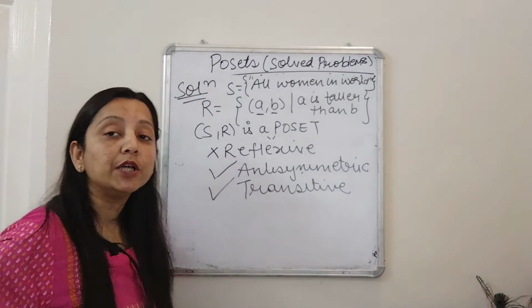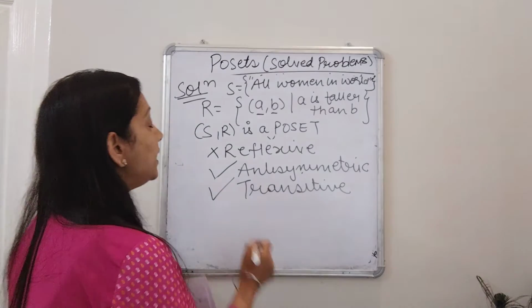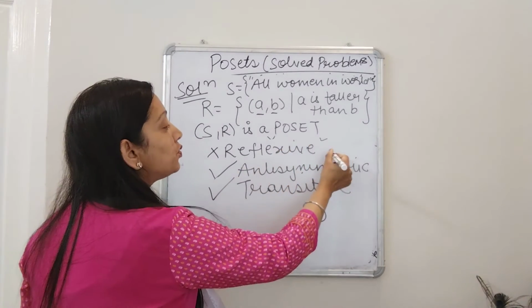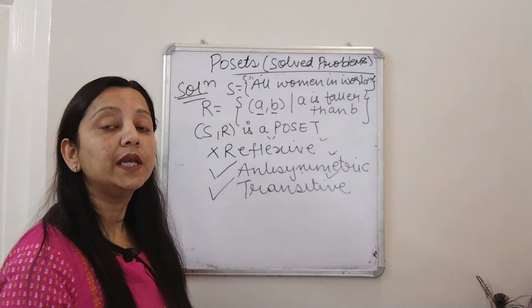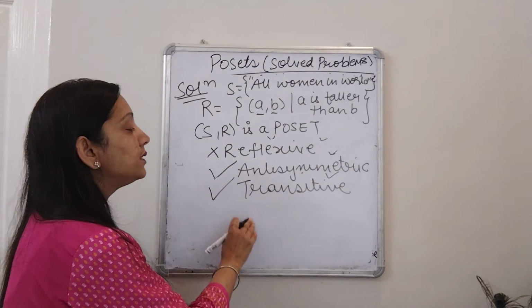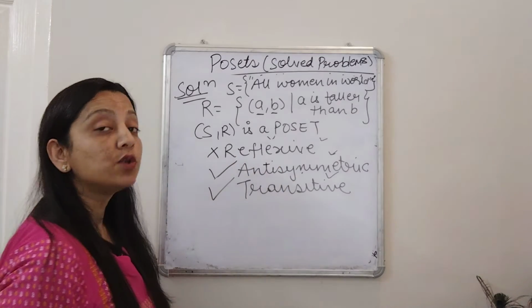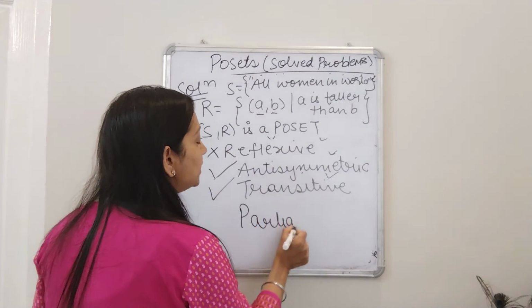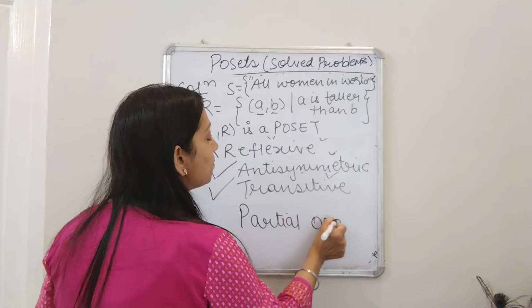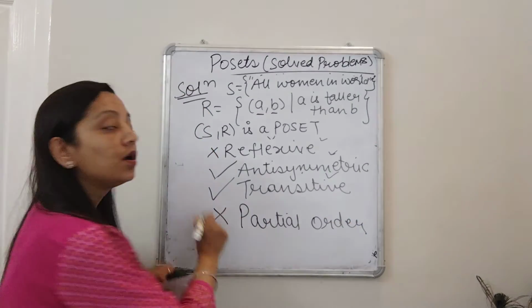But to be a partial order or a poset, it must be reflexive, antisymmetric, and transitive, which it is not. It is antisymmetric and transitive, but it is not reflexive. Hence, I can say that this is not a partial order.